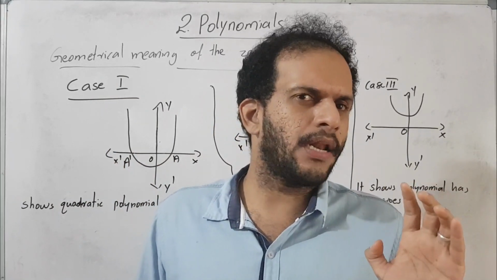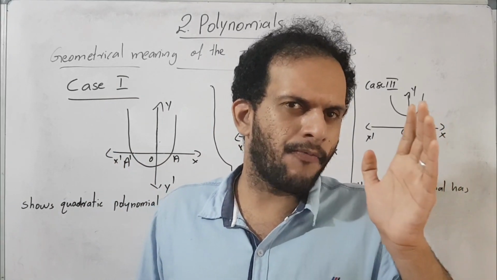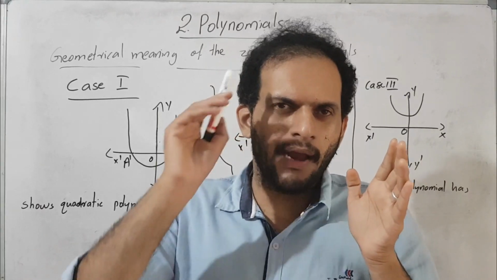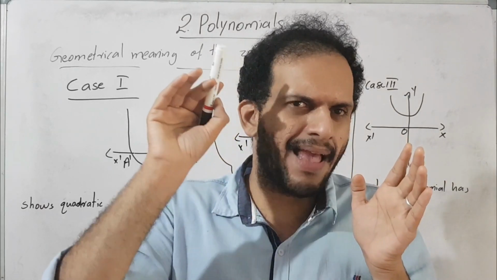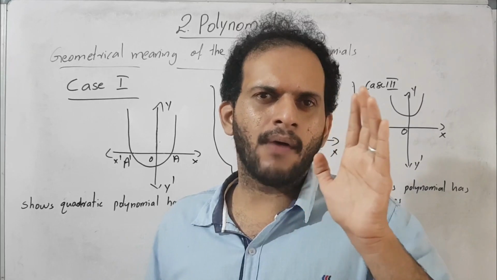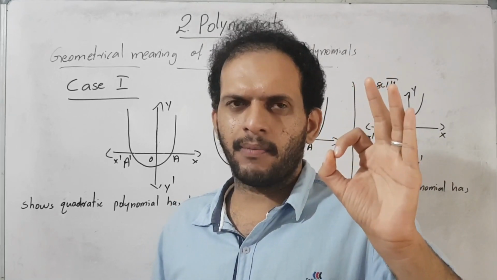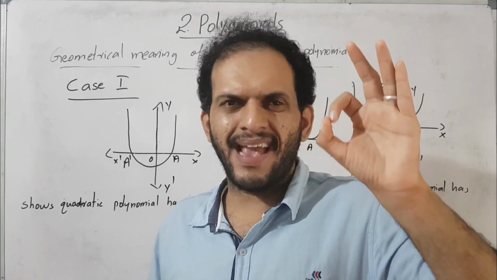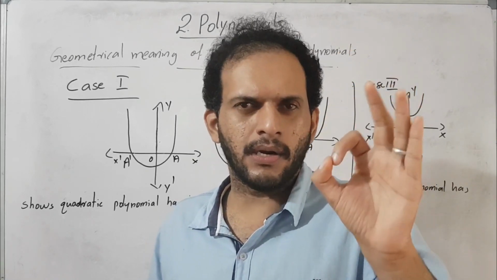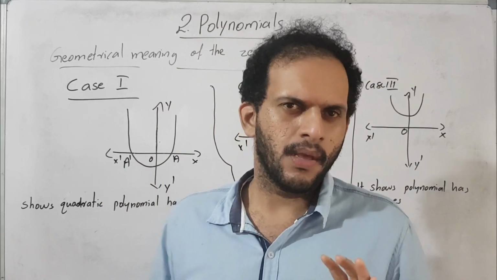Okay, then how do we identify the number of zeros? In the graphical representation, how many times the graph intersects the x-axis, that many zeros the polynomial has.